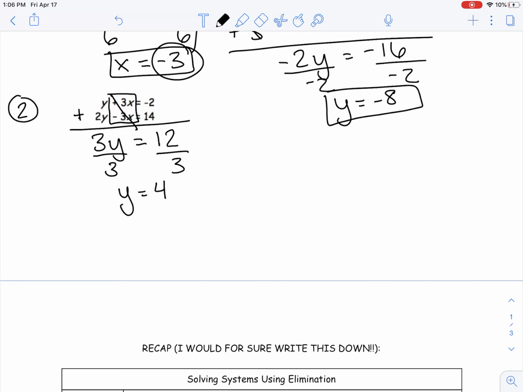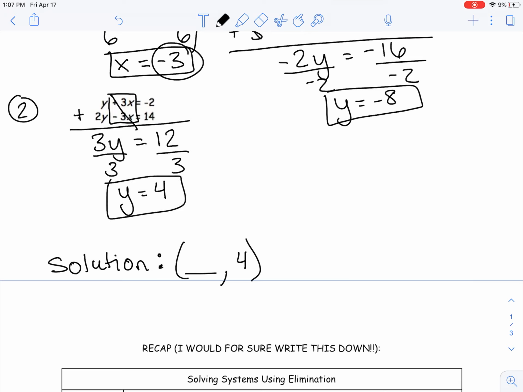Y equals 4. But again, our solution needs to be a coordinate pair, and we don't know our x value right now. So we need to substitute y equals 4 into one of our original equations. And again, I'm just going to choose the top one. So we have y plus 3x equals negative 2.